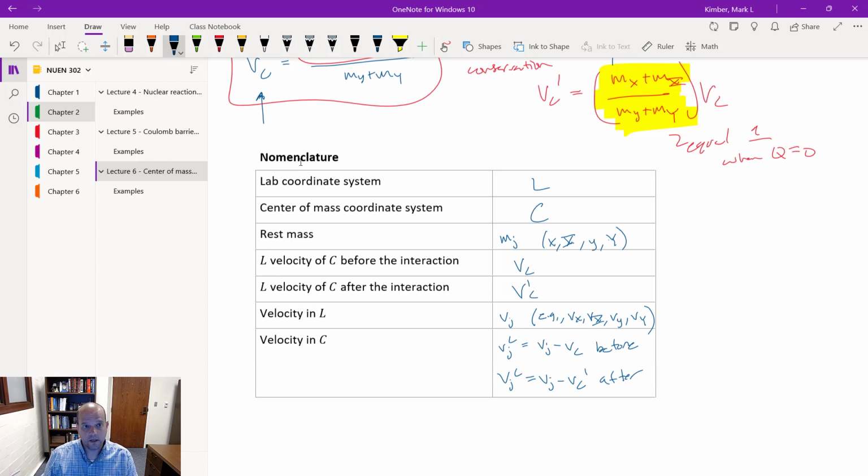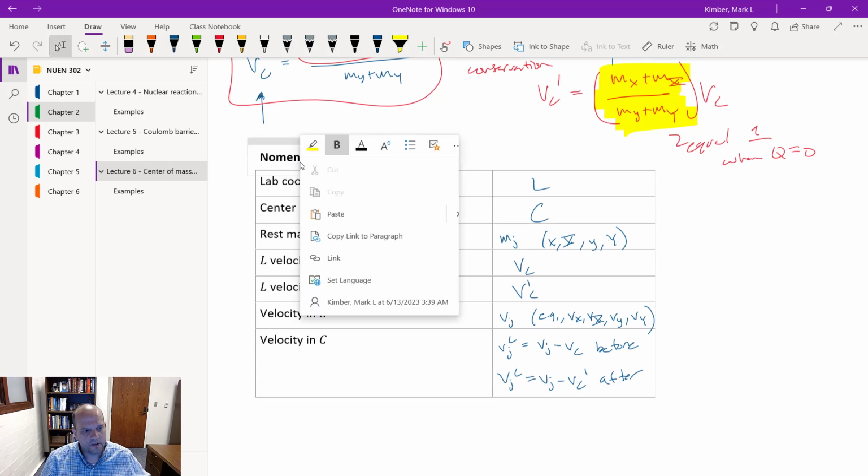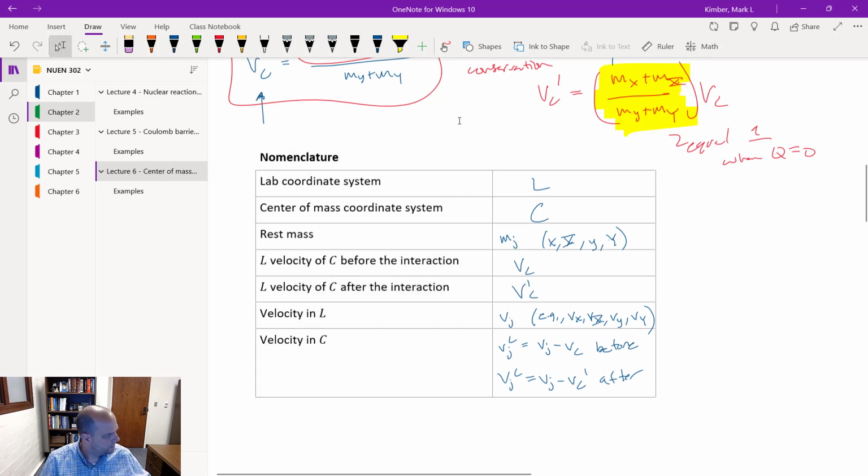Because again, the velocity of my reference frame before and after are not going to be the same. So that's the nomenclature.